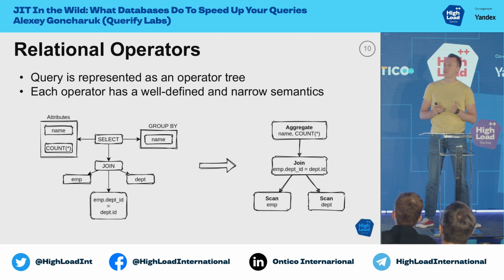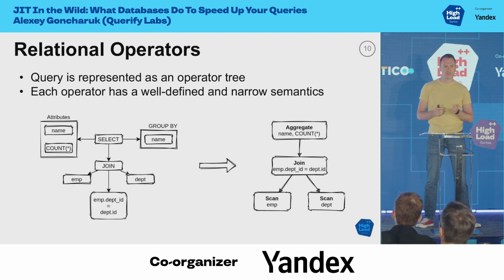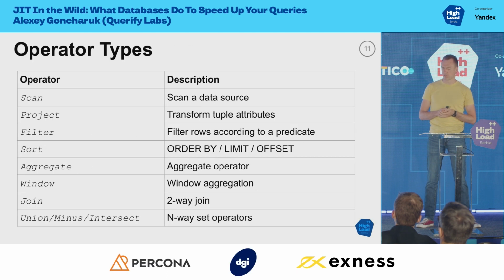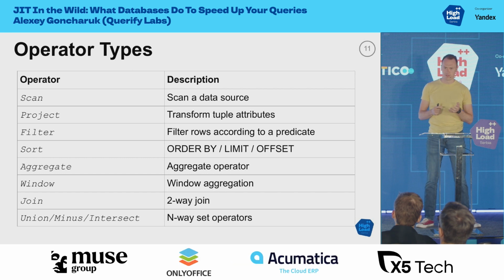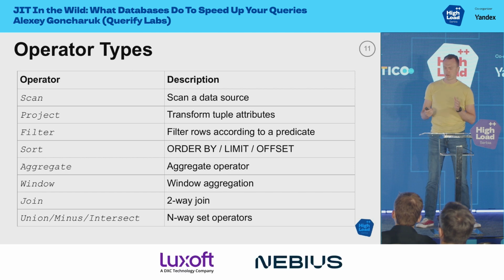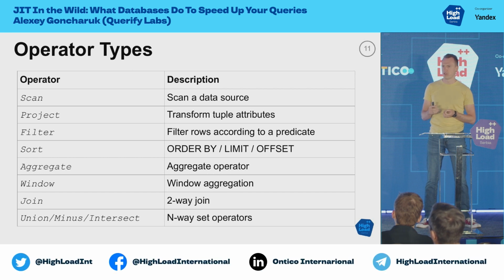Each of the operators has a very narrow and very specific meaning and purpose. There are only a handful of operators, and essentially all the complexity of the SQL queries that you write can be described as sometimes rather large trees that use a very small set of operators.